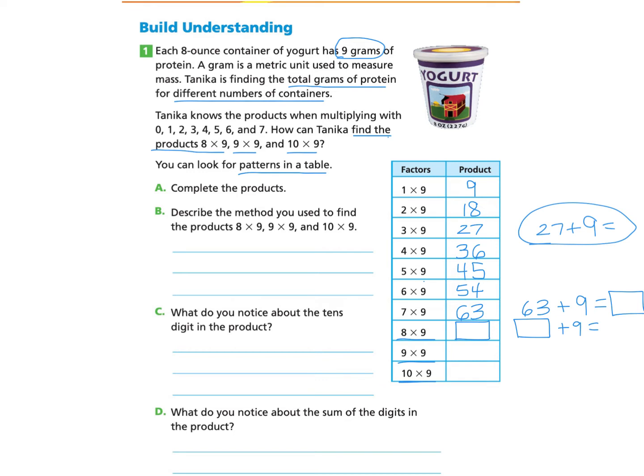When you come back, you would find that 8 times 9 makes 72, and 9 times 9 makes 81, and 10 times 9 makes 90.